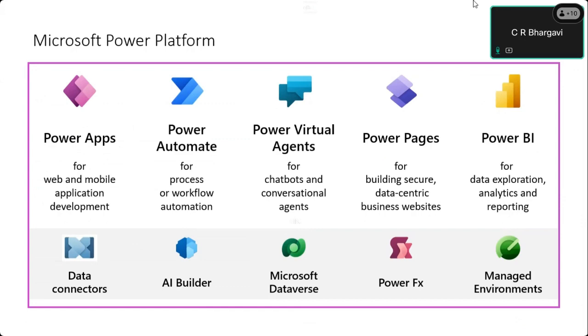Data connectors are used when you want to connect a particular application, for example Power Automate, to some other application, say Teams, or to AI Builder. So you would use the data connectors that are available. AI Builder is not something new for Power Platform.